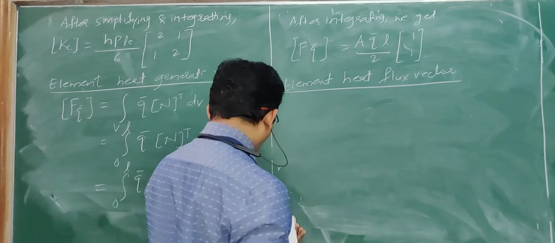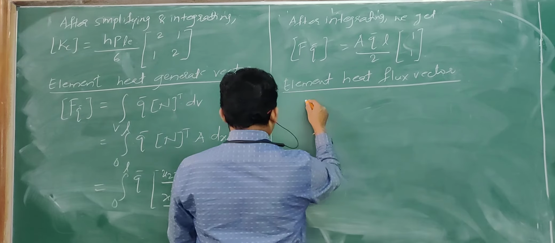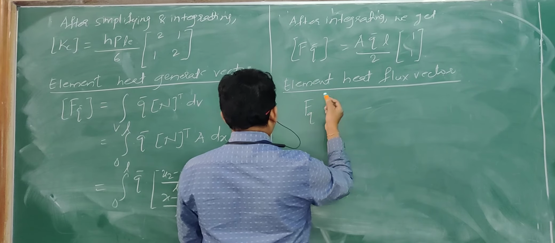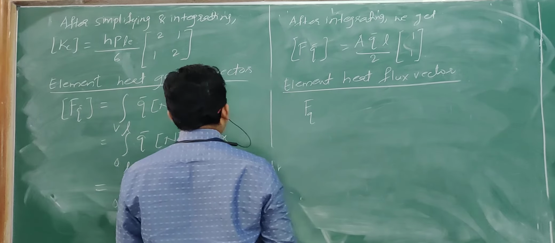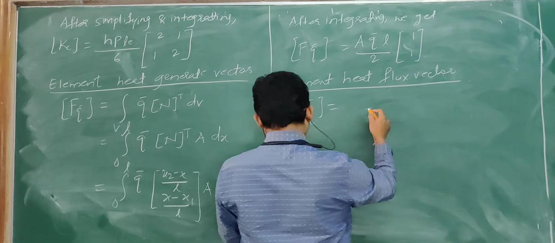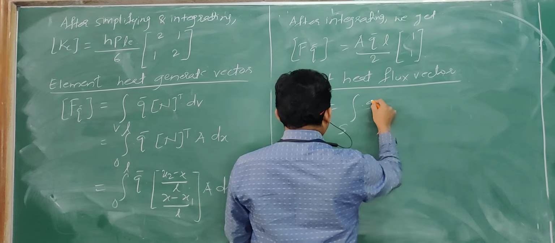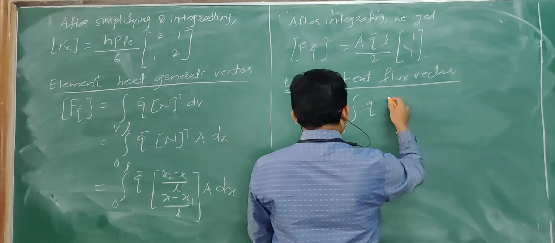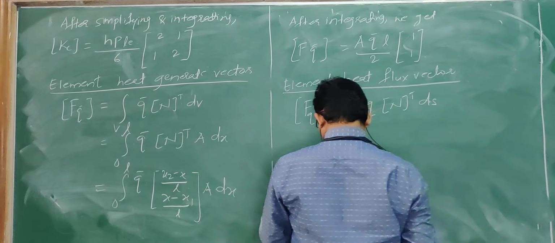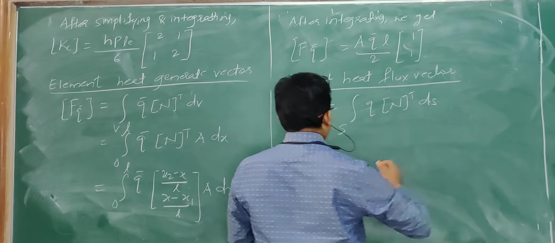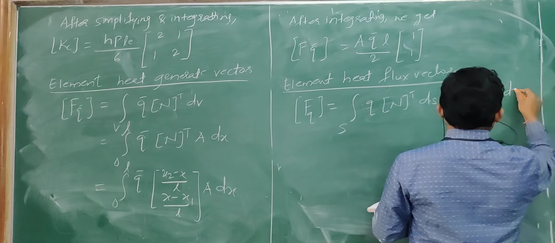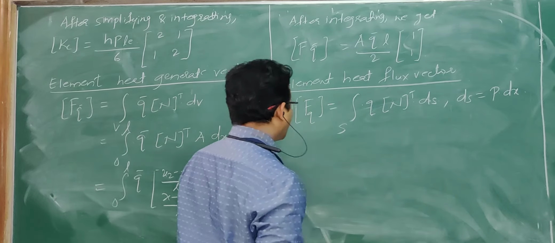So FQ is given as, now it will be over the surface, Q into N transpose ds, where ds is P into dx and P is the perimeter of the fin.